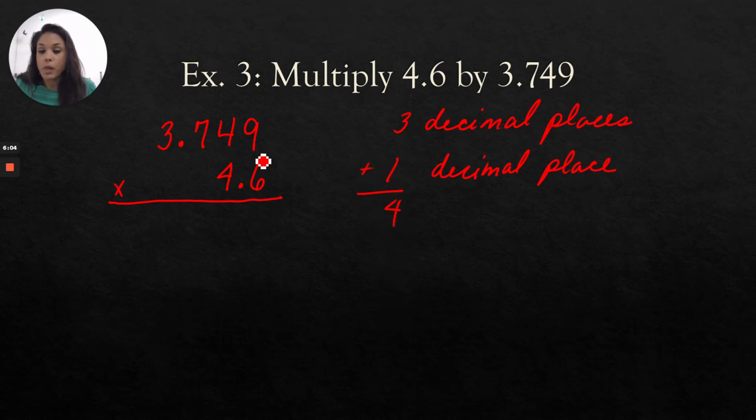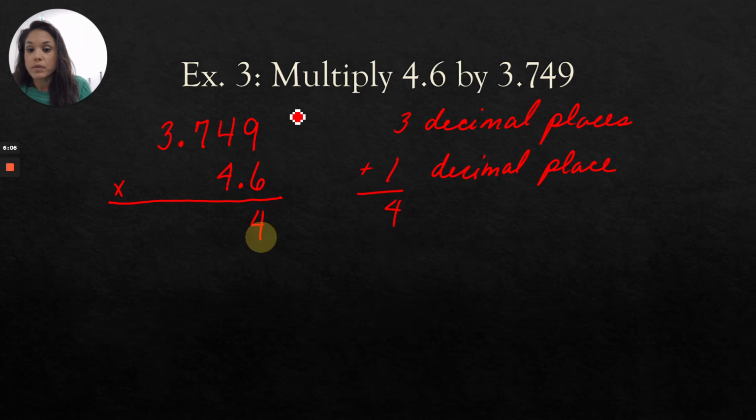Now I'm ready to multiply. 9 times 6 is 54. 6 times 4 is 24, plus 5 is 29. 7 times 6 is 42, plus 2 is 44. 6 times 3 is 18, plus 4 is 22.